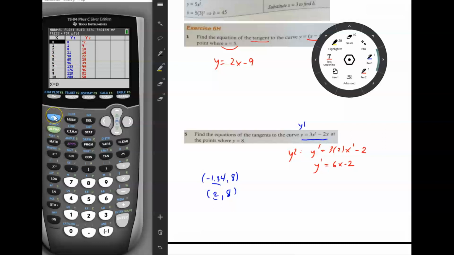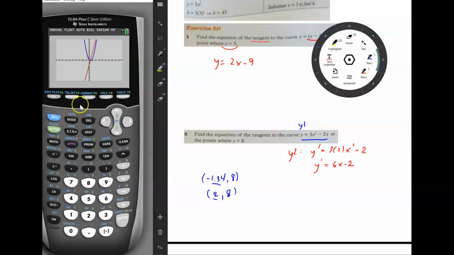So I'm going to go to graph, and then I'm going to do second draw tangent, number 5, and I'm going to put in negative 1.3. I think it was negative 1.33 or negative 1.34. I think it was negative 1.33.